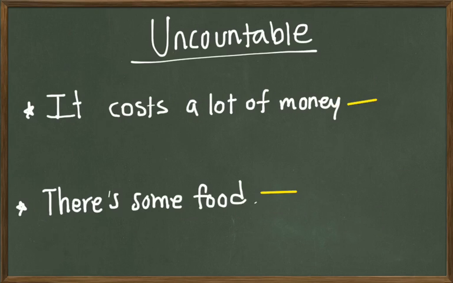And for uncountable nouns, we have it costs a lot of money. And here we're talking about a big quantity. And in the second one, we have there's some food. And here we're talking about a small quantity.